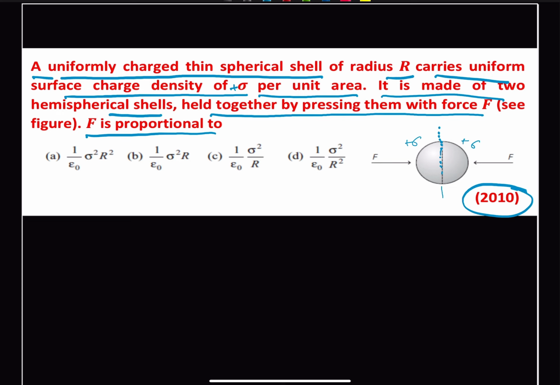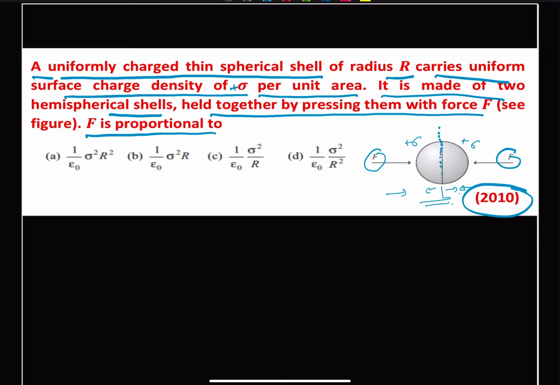So there will be a force of repulsion between the two in this direction. In order to hold them, we need to apply the force F, which is opposite and equal to it. This is the question that is mentioned.